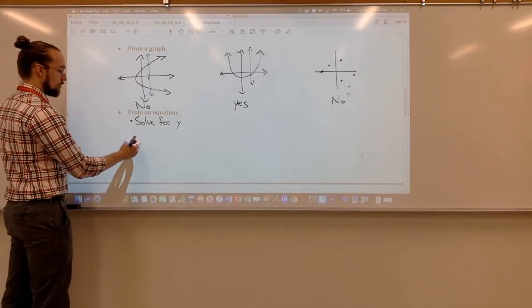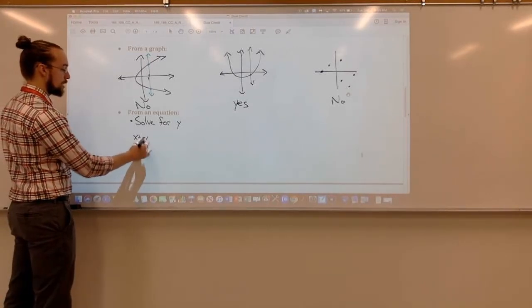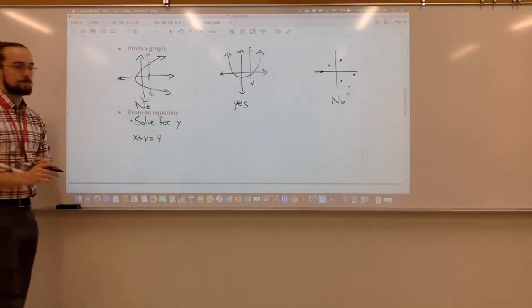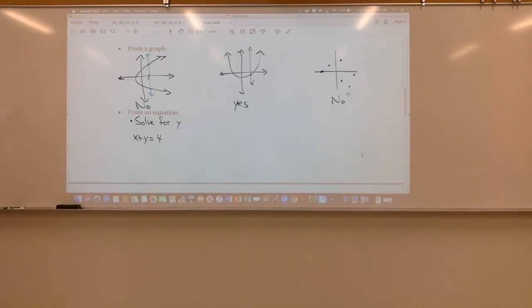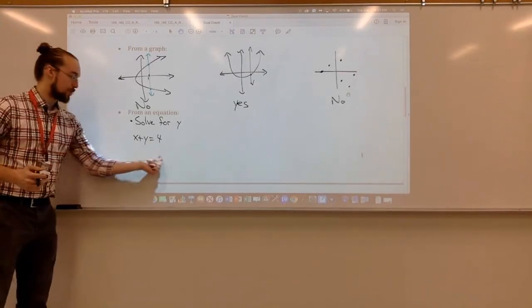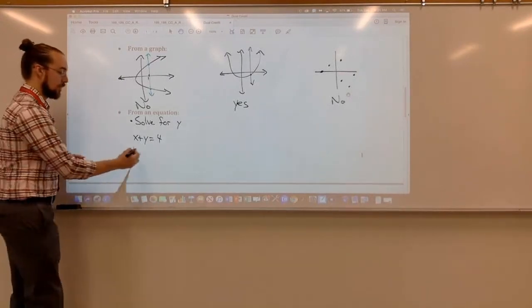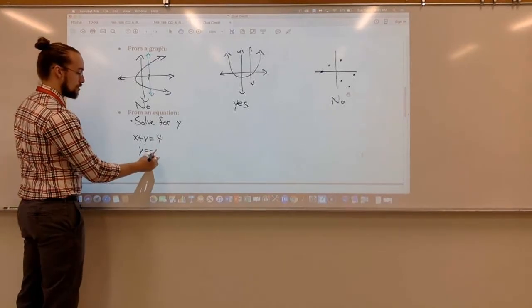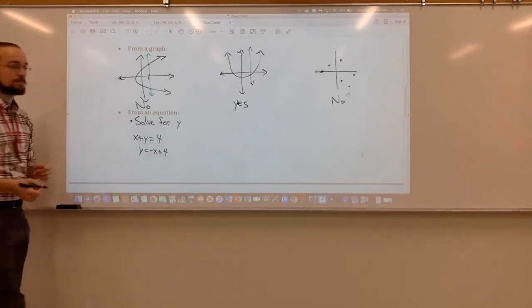So let's say we've got x plus y equals 4. Well, solve for y first. All I would need to do is subtract the x over. So y equals negative x plus 4.